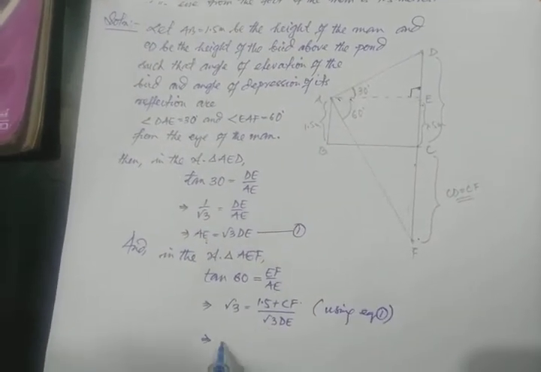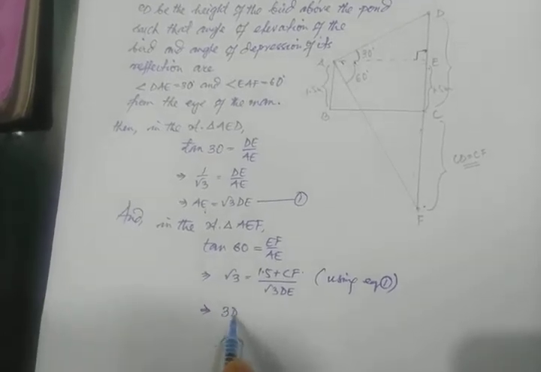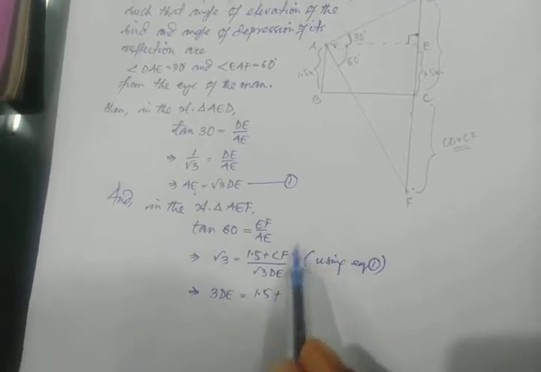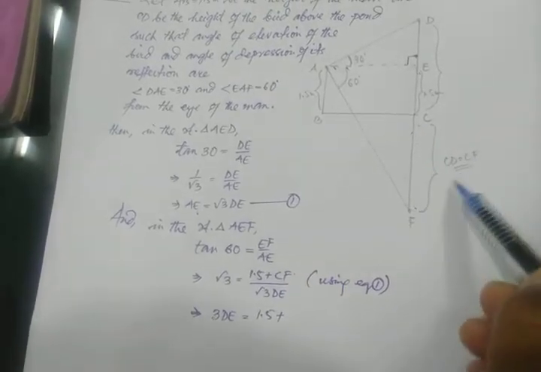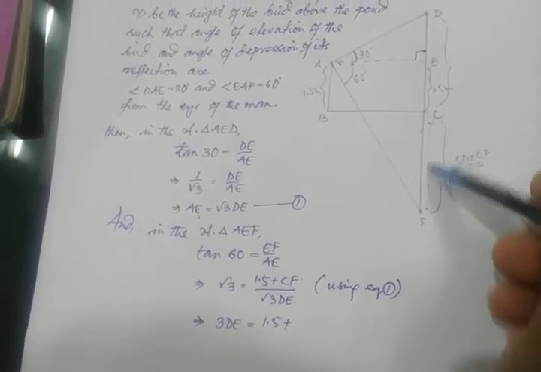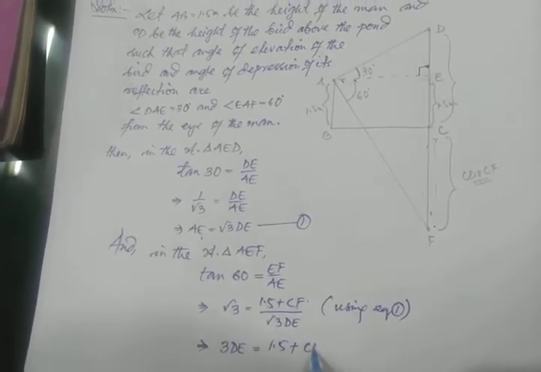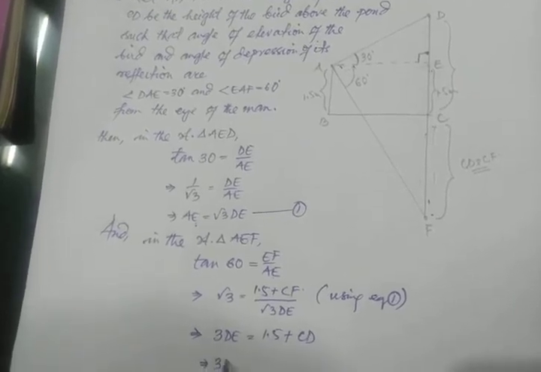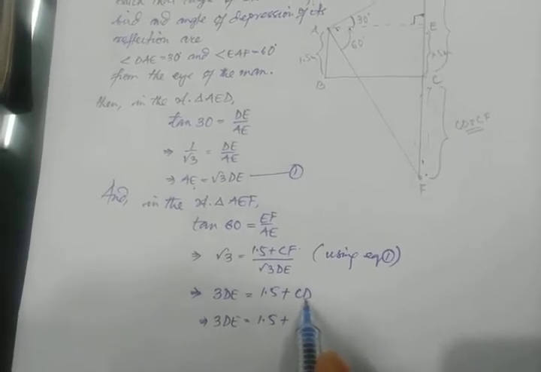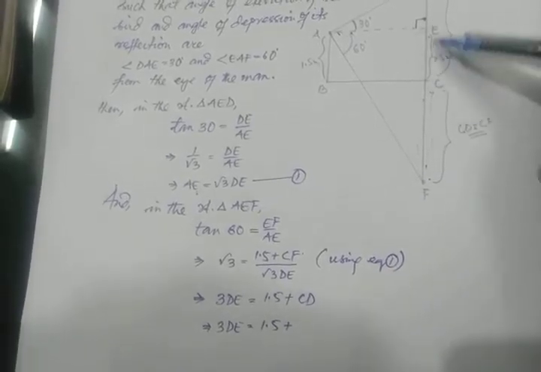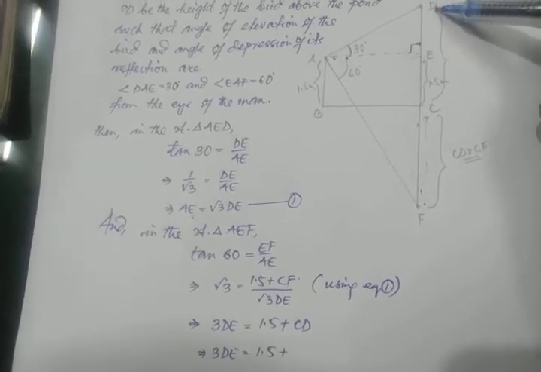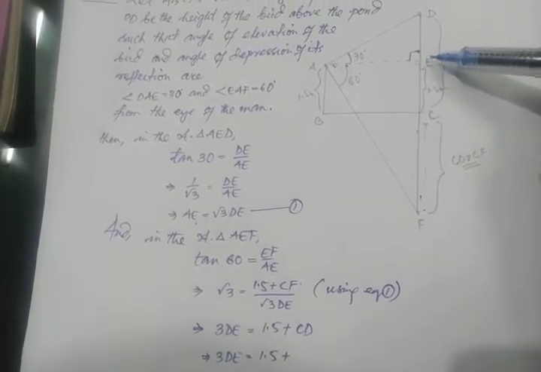Now cross multiplying this, root 3 into root 3 gives 3 DE equal to 1.5 plus CF. CF, as I said before, is equal to CD. So in place of CF, I'll be writing CD. 3 DE equal to 1.5 plus, now CD can be written as DE plus 1.5.